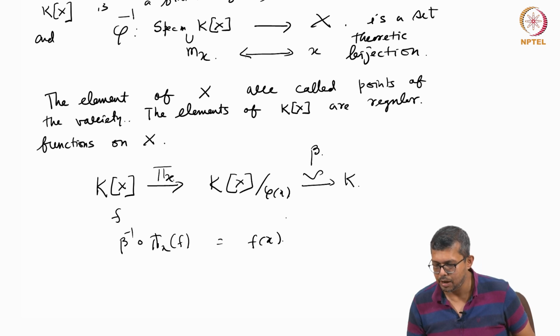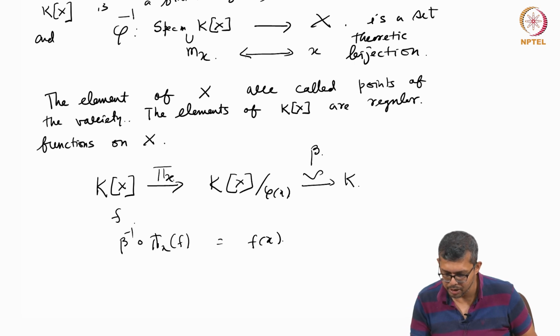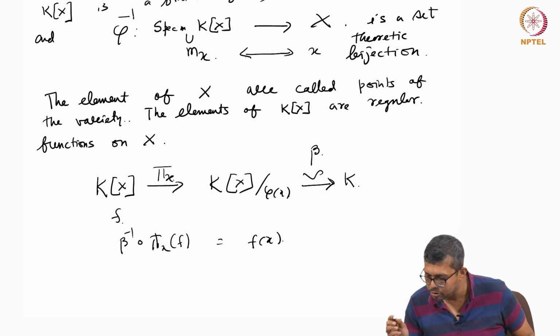F of x should be a function, an element of k, right? Oh, sorry, I was writing beta in this direction. See, I was talking about the structure map.